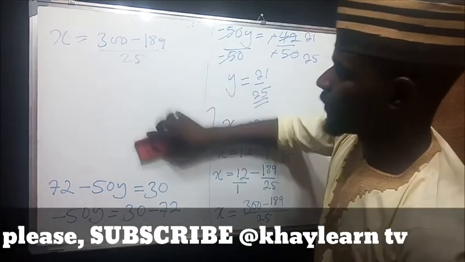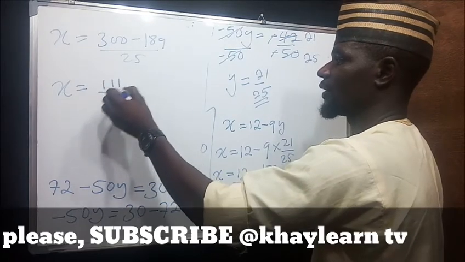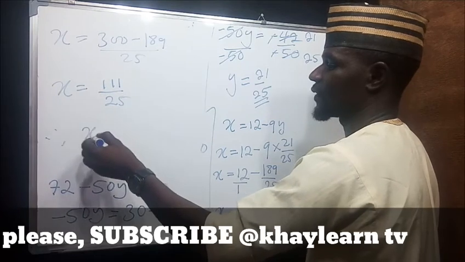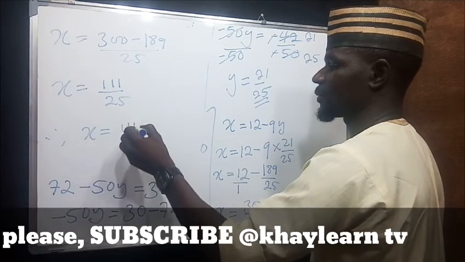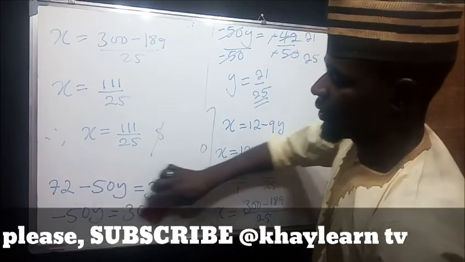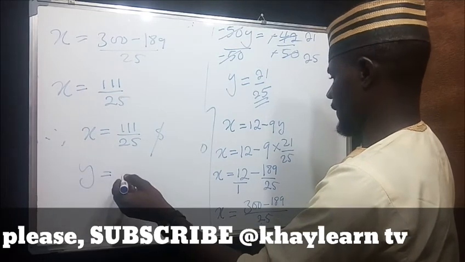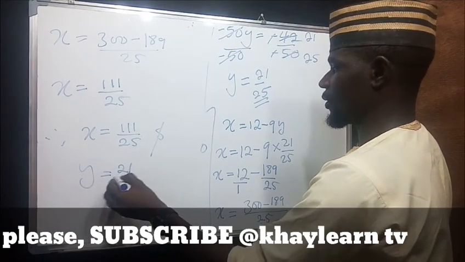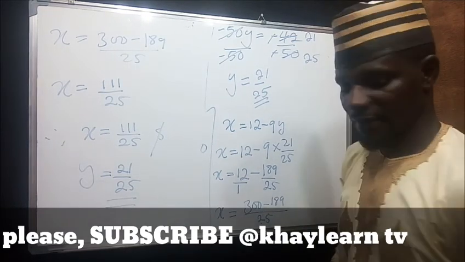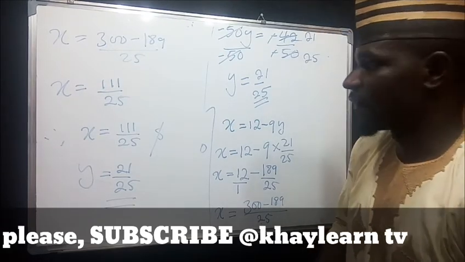So the value of x will be 111 over 25. So these are the respective values of the unknowns: x equals 111 over 25, and y equals 21 over 25. These are the respective values of x and y in this equation.